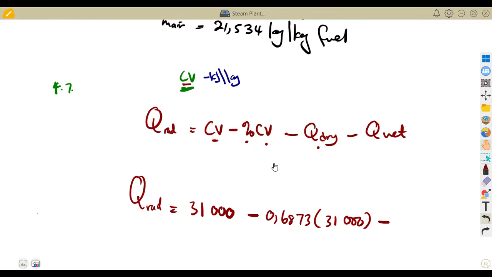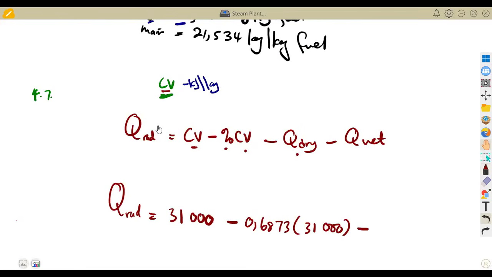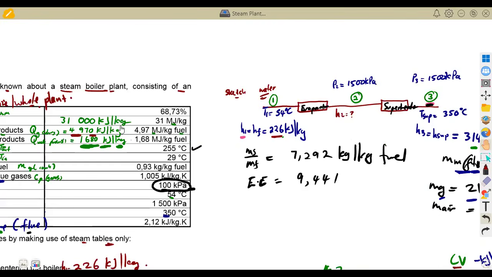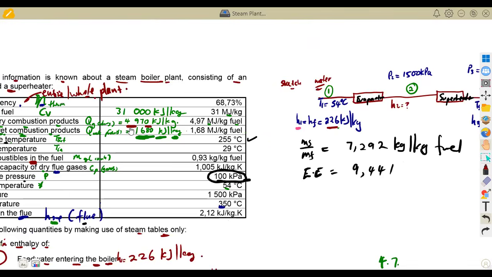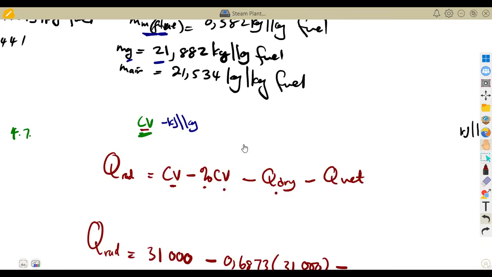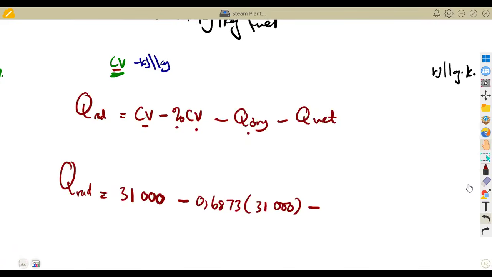We are given that from our table. Let's hope it's not going to affect my class, guys. This one for the dry and also for the wet: Q for the dry and Q for the wet, this and that one in kilojoules per kilogram. You use the ones that we converted to kilojoules per kilogram.